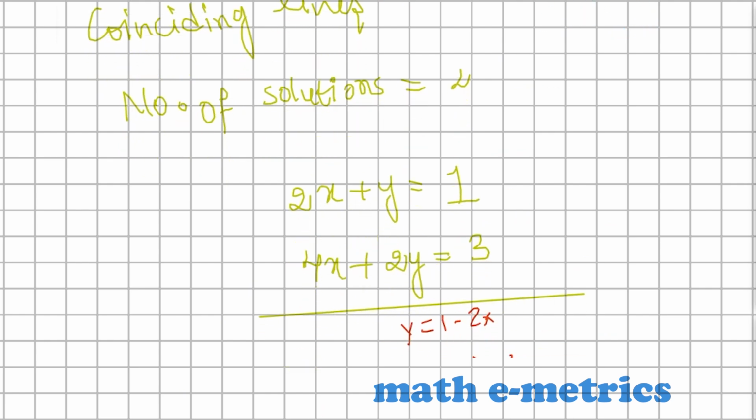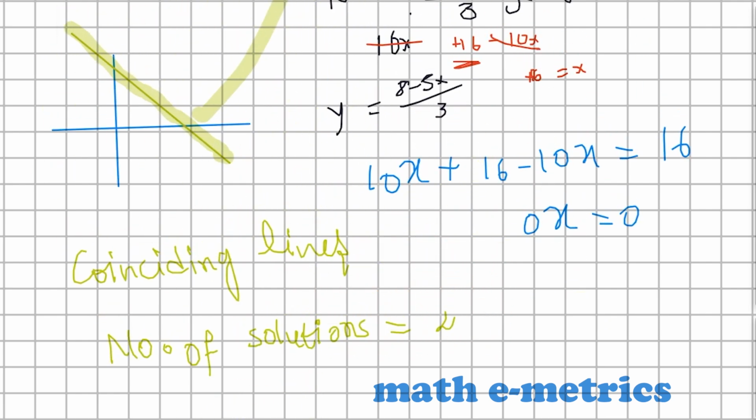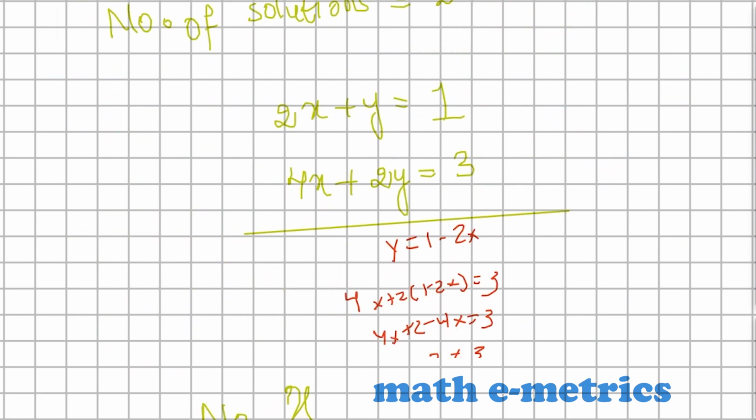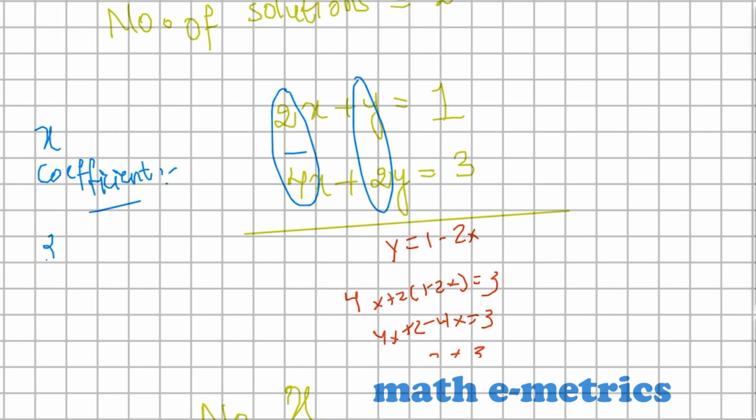To summarize everything, we have to look at the coefficients' ratio. What is the ratio here? The x coefficient ratio is 1 to 2, and the y coefficient is also a ratio of 1 to 2, right?